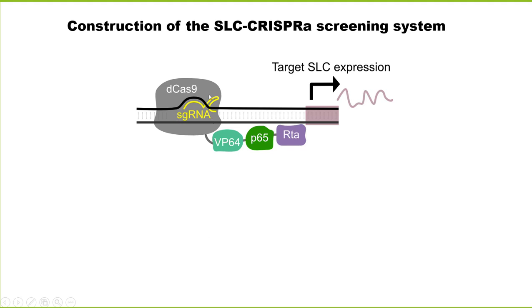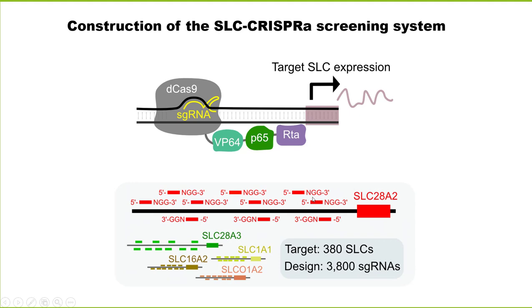If you modify Cas9 into an inactive form, deactivated Cas9, it can keep the ability to bind, but it cannot cleave. Here, you can add either an activating domain or a suppressing domain. Then you can increase or suppress the gene expression. In this case, we use the activation system. So this modified version we call CRISPR-A.